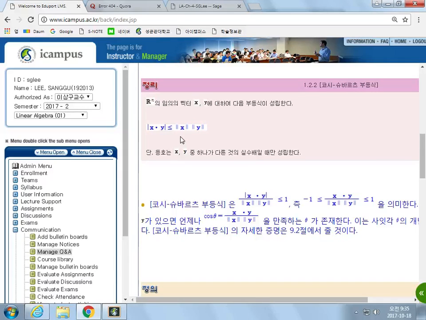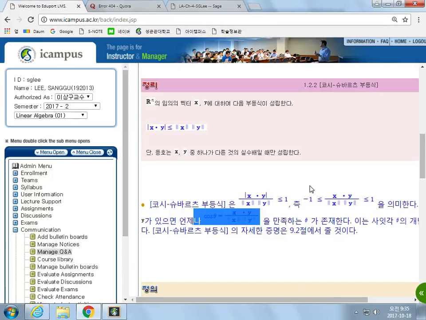From the Cauchy-Schwarz inequality, we know this inequality, which means this value is between -1 and 1. So there exists a theta such that this is equal to cosine theta, because cosine theta moves from +1 to -1, isn't it? So at a certain point of theta, the cosine theta value should be the same as some scalar value between -1 and 1.